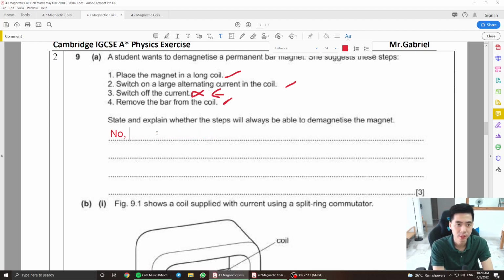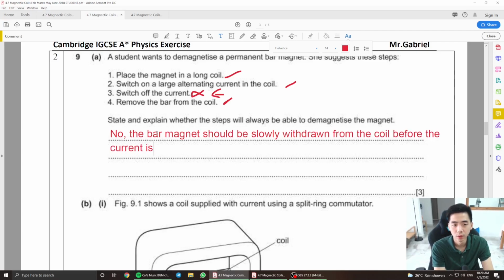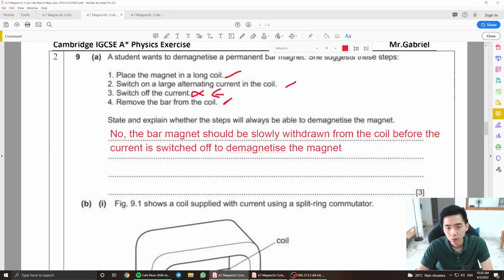The current, the bar magnet should be slowly withdrawn from the coil before the current is switched off to demagnetize the magnet.